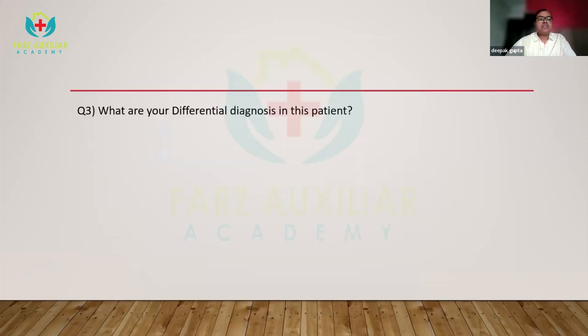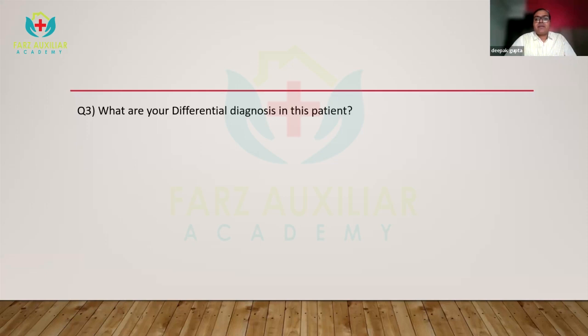So my first question would be, what are the differential diagnoses in this patient? You have to enumerate the differential diagnoses. Anyone? Community acquired pneumonia. Very nice. You have to tell the DDs, more than just one. Whatever you can think, seeing this X-ray and the clinical picture.